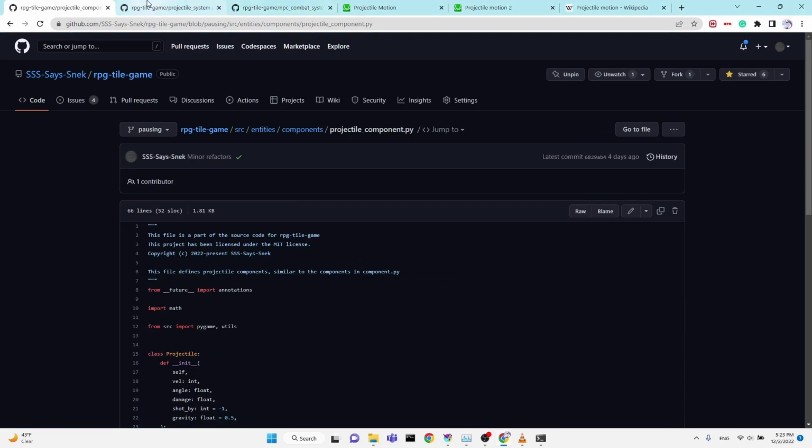Now, I'm just going to say my game is written in ECS. If you don't know what that is, that's Entity Component System. It's going to look a bit weird, but you'll get the gist of this, okay?